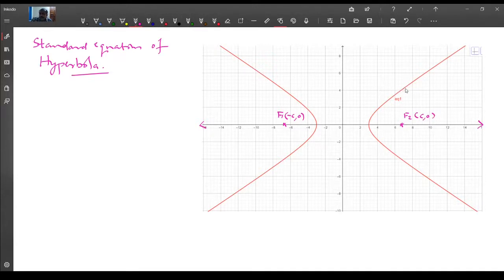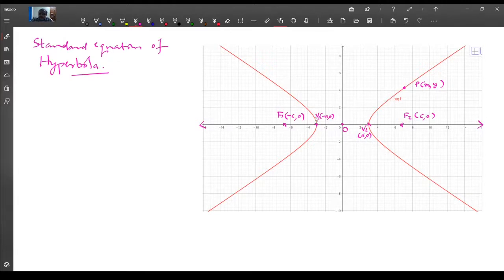Consider a point P on the hyperbola. Let it be P(x, y), a general point on the hyperbola. Suppose the origin is the center O of the hyperbola, and suppose the vertices V1 be (-a, 0) and V2 be (a, 0). So these are our assumptions.